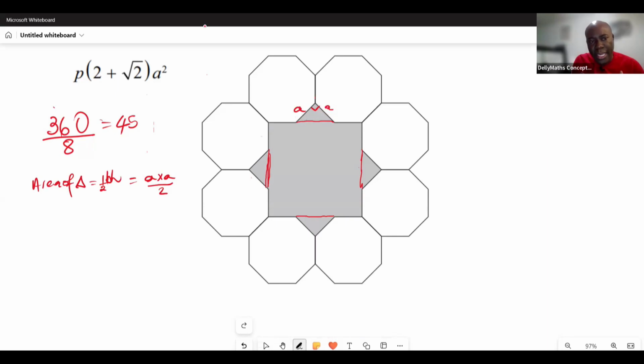So what we're looking at is half A squared, representing the area of one of these triangles. But remember, we have 4. So those 4 triangles, it's going to be 4 times half A squared, and when we cancel, we get 2A squared. So we have now found these in terms of A, all 4.